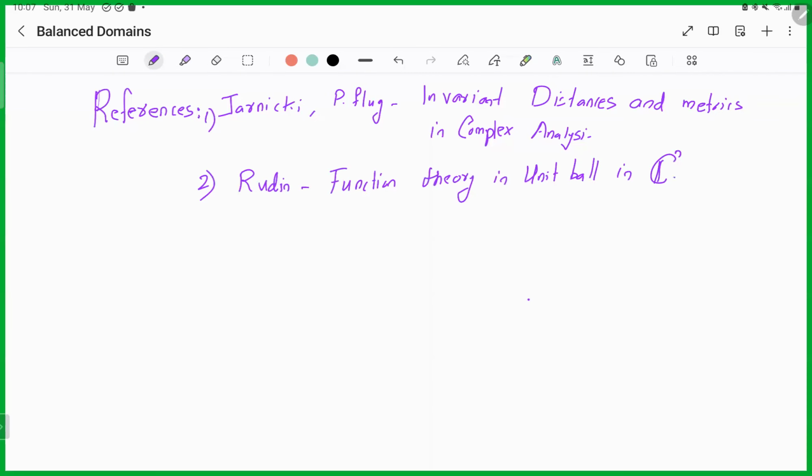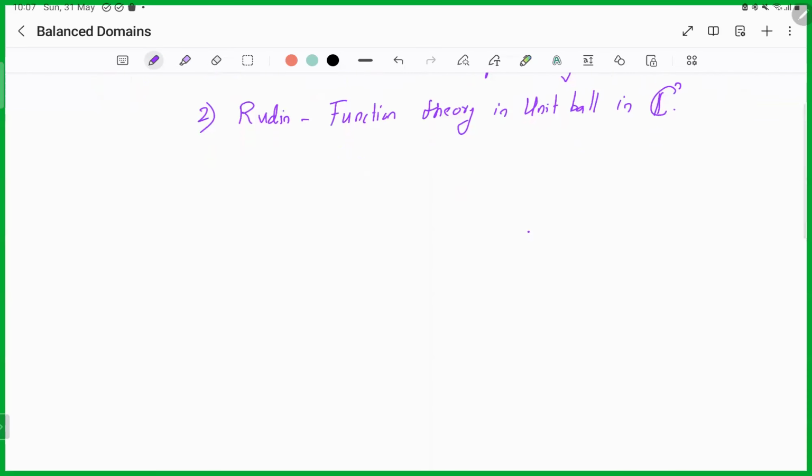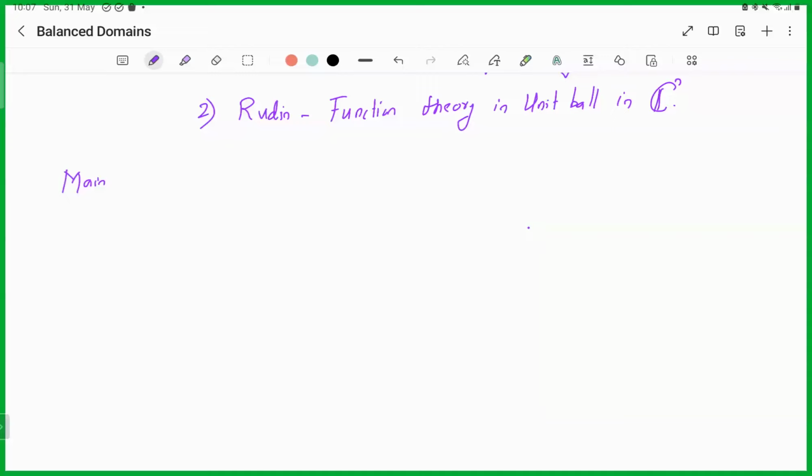Okay. First of all, let us start. The main class of domains of interest in several complex variables is pseudoconvex domains. I think my voice is audible for everyone. Yes, please let me know. Okay.